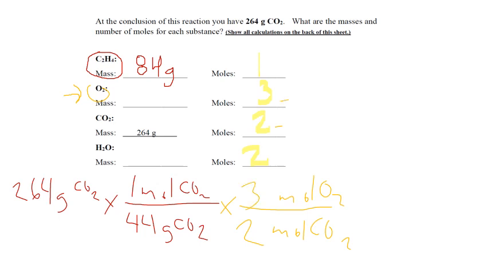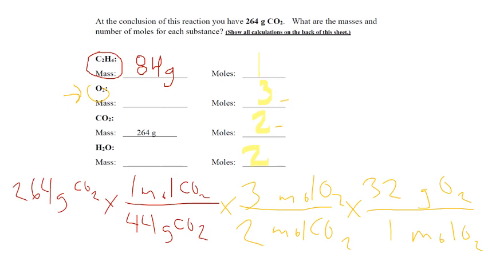Now I've solved this. I have it in moles, but I still need to do one more thing, which is fantastic. I can do that no problem. If I want to turn moles of oxygen into grams of oxygen, I've already done the work. I go up top and I say, bingo, I got 32 grams of oxygen for every 1 mole.